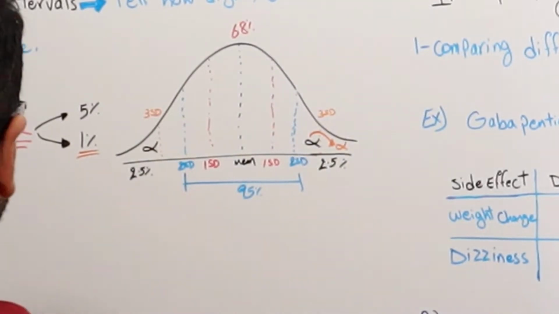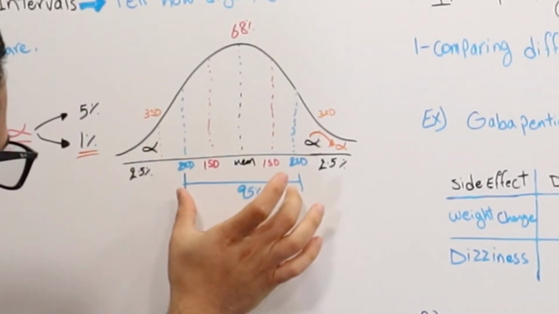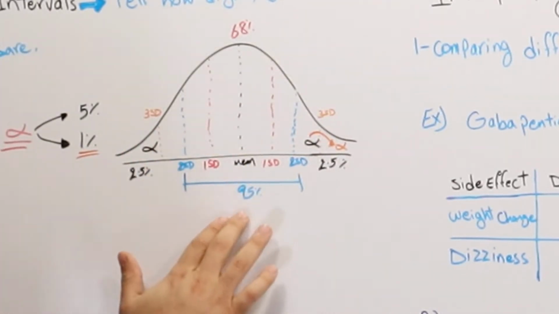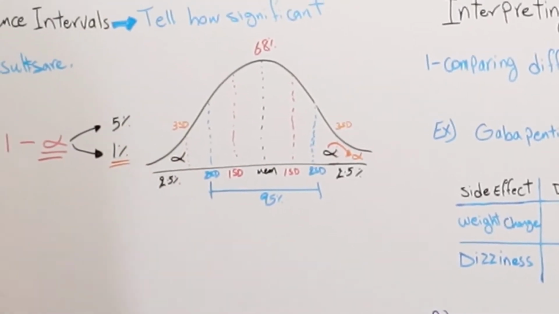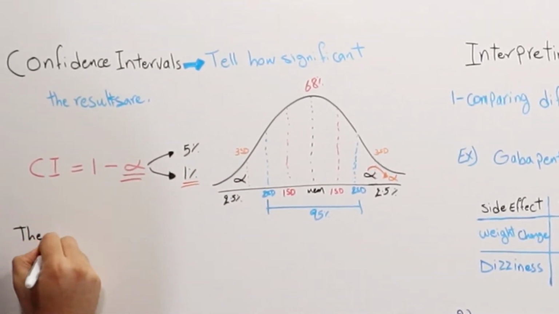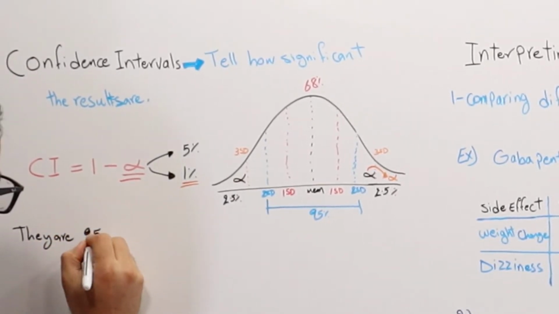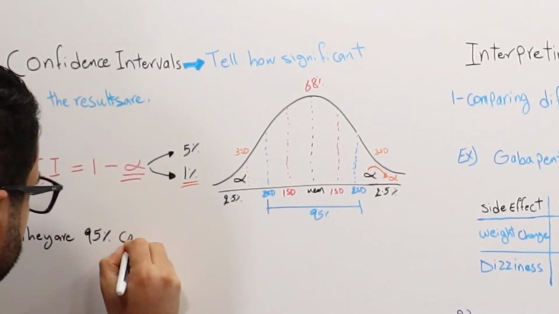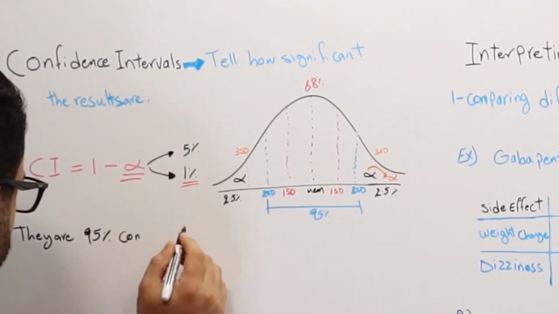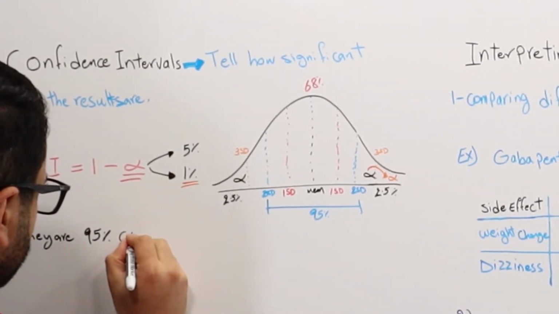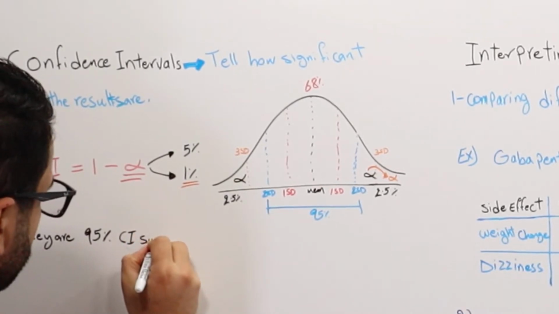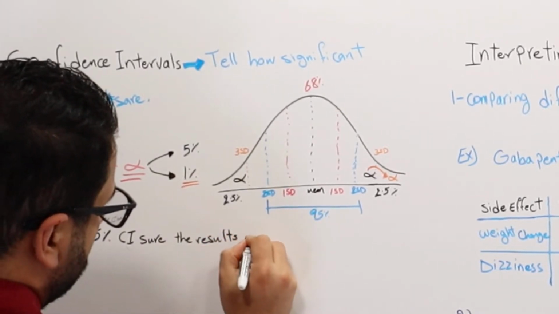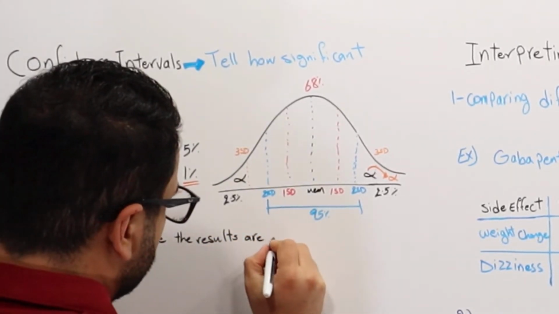From here we can tell that a 95% confidence interval means that the researcher is 95% confident with the confidence interval that the results are correct.